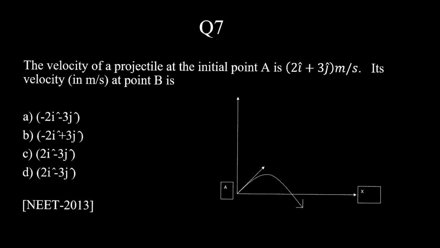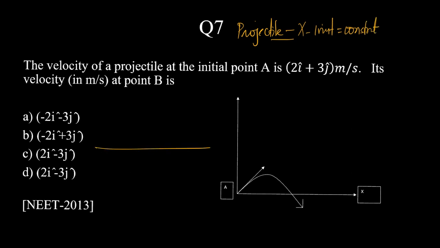Okay. So if we know just one concept out of this, we know that throughout the projectile motion, the x component of initial velocity remains constant.